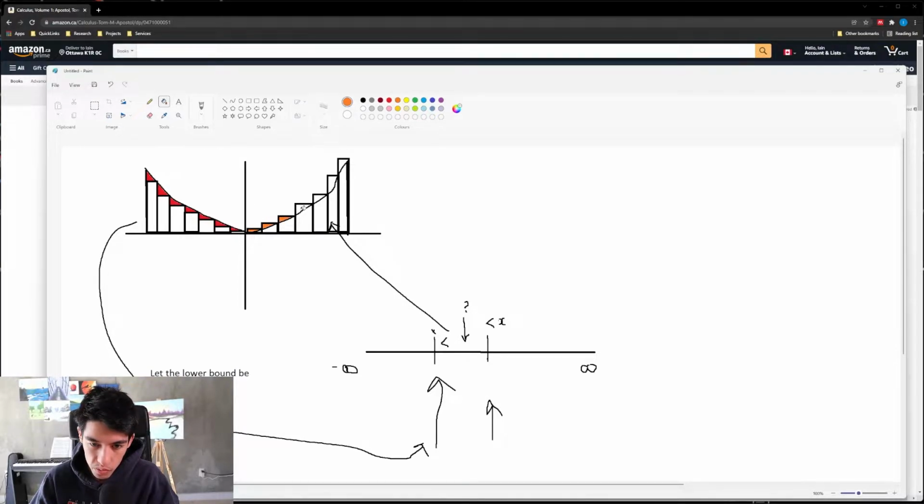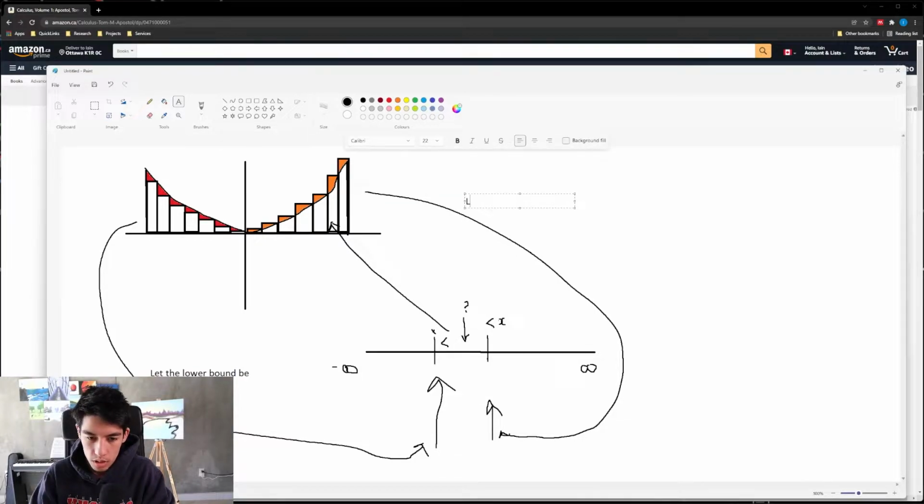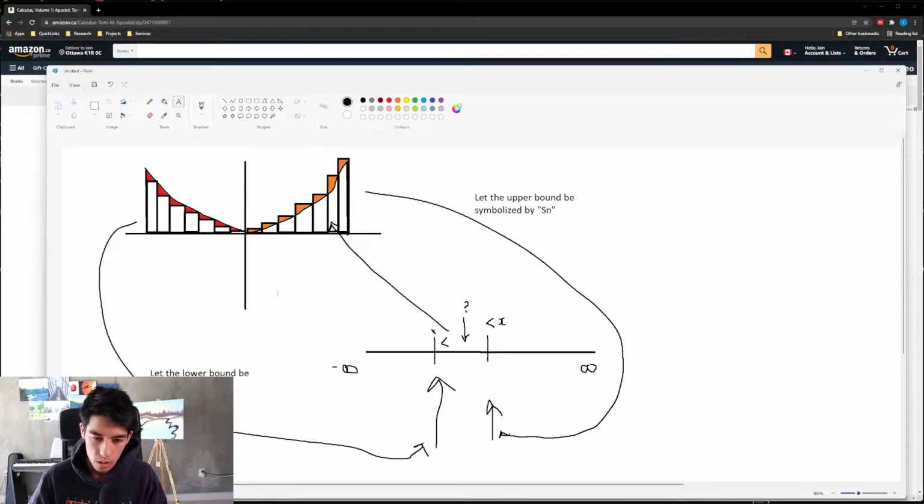However, it's in a slightly different position. So we've measured too much here. Let's call this the upper bound, because the space occupied by the sum of the rectangles on this other side is more than the space occupied by this parabola. Let the upper bound be symbolized by Sn, capital S for upper, lowercase for lower.